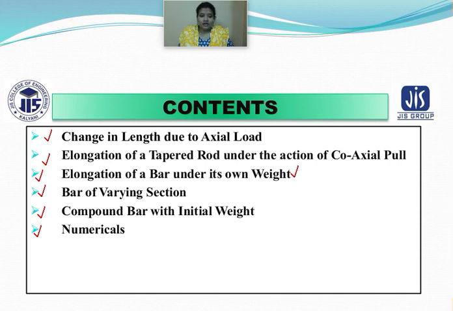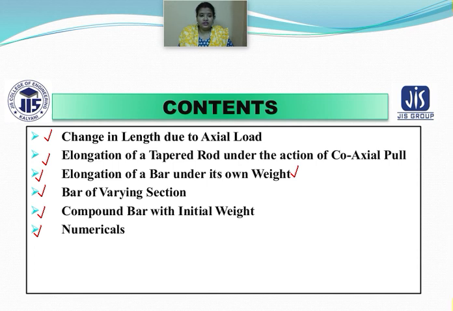A bar of varying section means that not only will there be a change in material, but also changes in the cross-sectional area. Maybe it has various lengths, various diameters, and various materials.